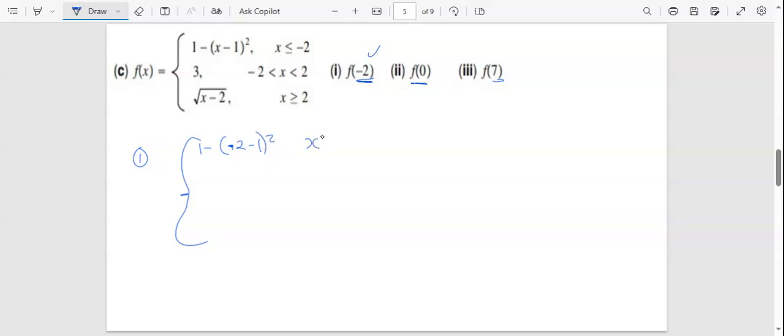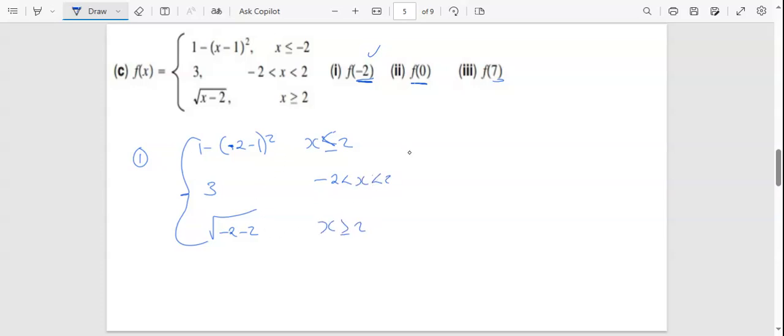For the constant 3 you are not substituting anything, so it will just be 3. Then here you put negative 2 wherever there's x, then minus 2. You leave the conditions like that.